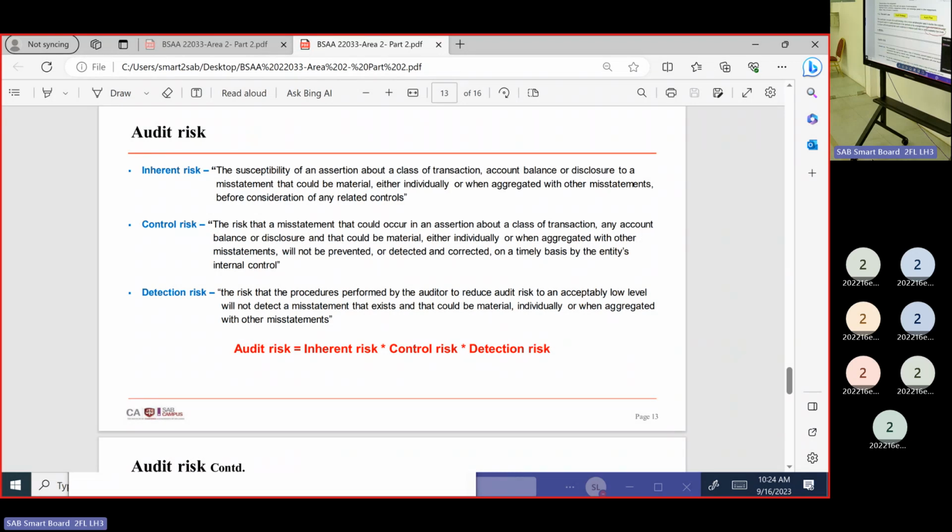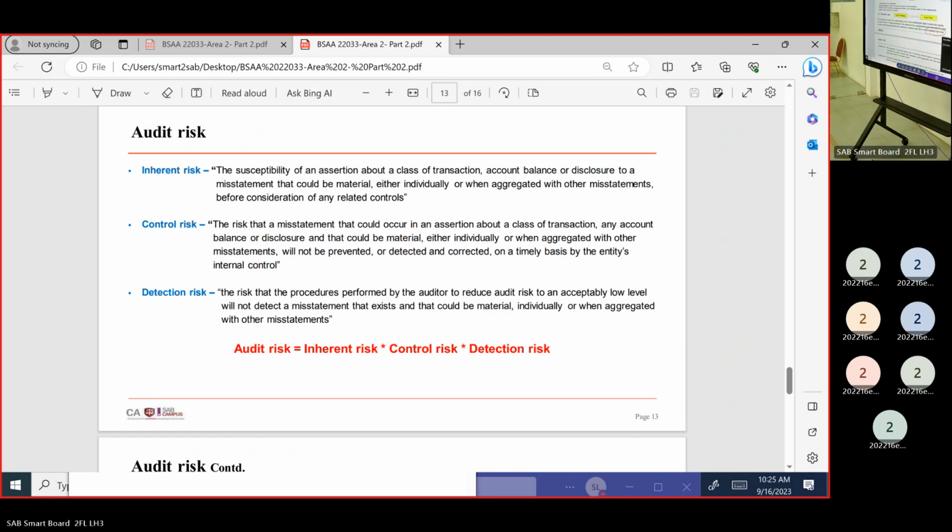Whatever the implemented control, we can't rely; whatever the implemented control, we can rely. So based on these two scenarios, we can develop 4 different situations.